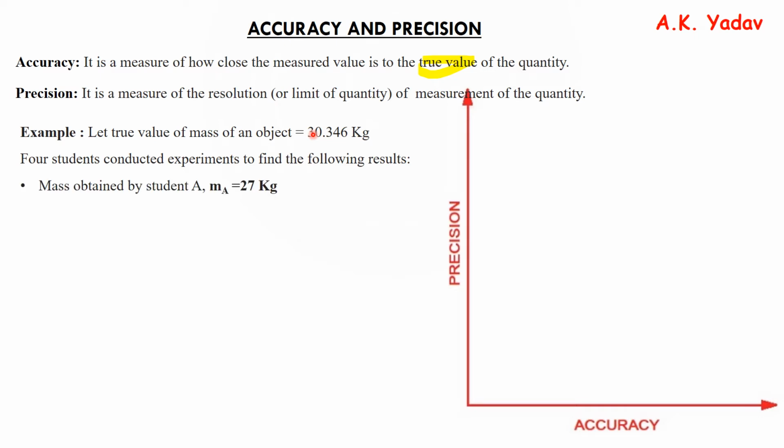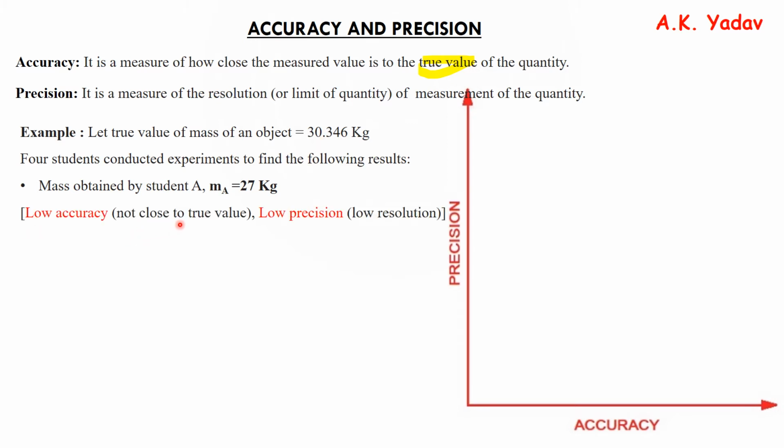The first student, A, obtained the mass as 27 kg. Now this 27 is neither close to the answer nor giving more information, because there are fewer digits. So it has low accuracy.